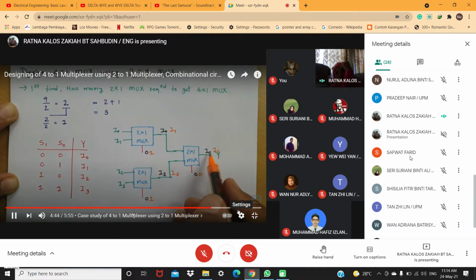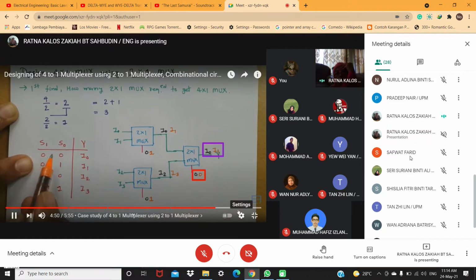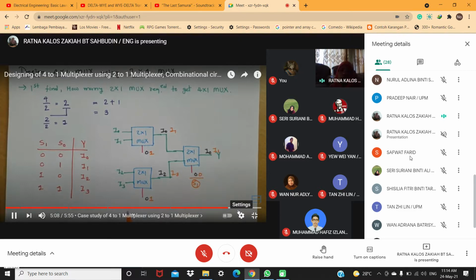So what is my output? I0, I1 for 0 0 over here. So here we have 0 0, meaning S1 is 0 0. I0, I1 output is there with 0 0 input of selection. That is the case with S1. So we can say here we have the S1 terminal, and here obviously 0 1 is the data.